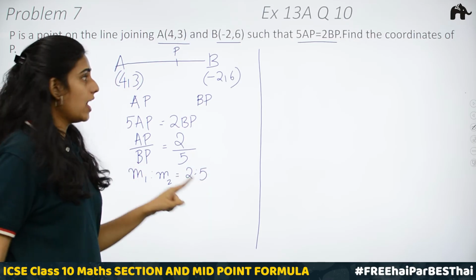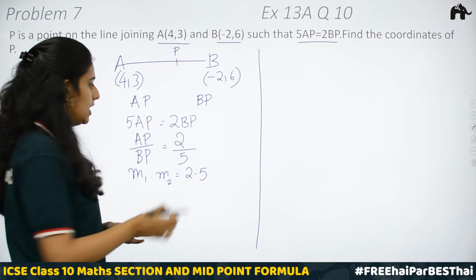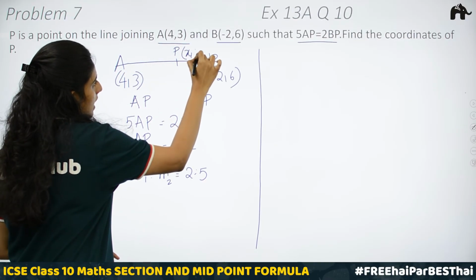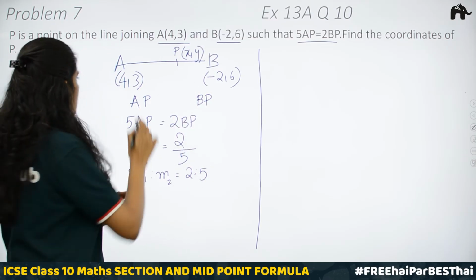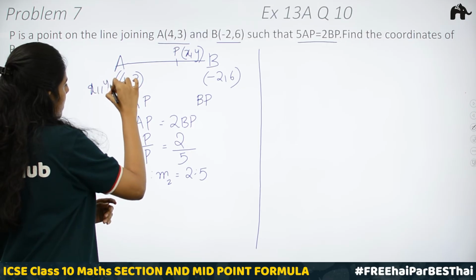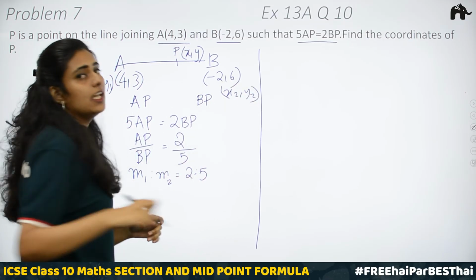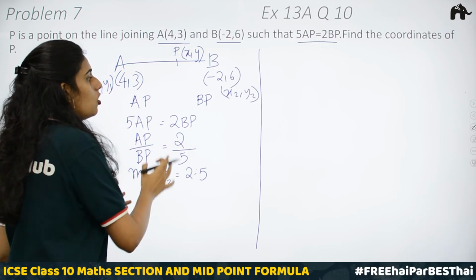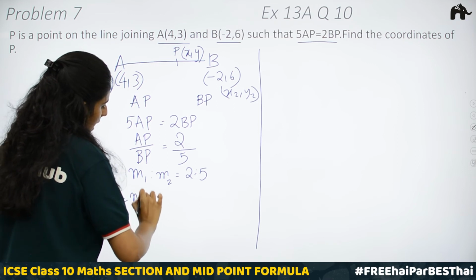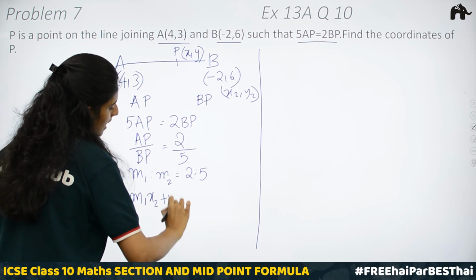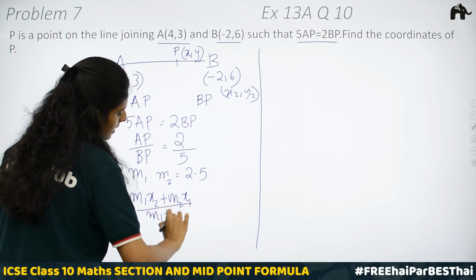Now we need to find the coordinates of P, x and y coordinates of P. Let us take the coordinates as x and y. We have m1, m2. This is our x1, y1 and this is x2, y2. Now we can easily, using the section formula, find what x and y are. X is equal to (m1 x2 plus m2 x1) divided by (m1 plus m2).